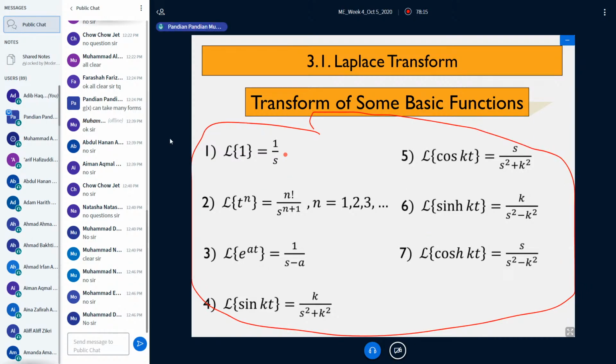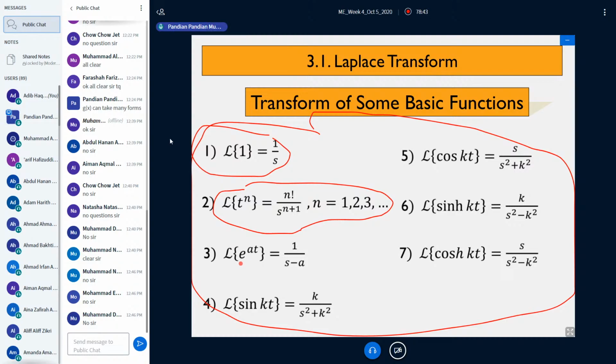The rest you can find by using this. These are the basic transforms of some functions. So Laplace of 1 is 1 over s. This is a special case, and you can generalize Laplace of t power n for n equals 1, 2, 3, 4, and so on: n factorial divided by s power n plus 1.